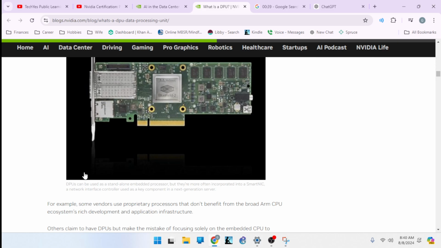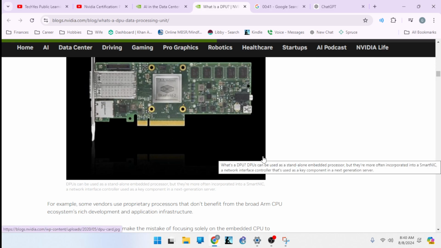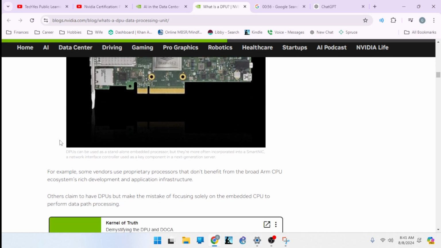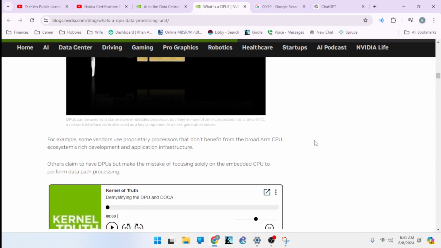So DPUs can be used as a standalone embedded processor, but they're more often incorporated into a smart NIC, a network interface controller used as a key component in a next generation server. For example, some vendors use proprietary processors that don't benefit from the broad ARM CPU ecosystem's rich development and application infrastructure.